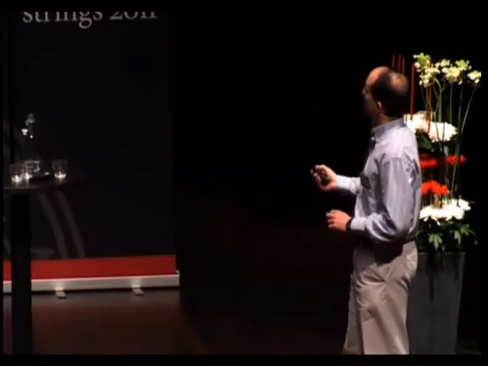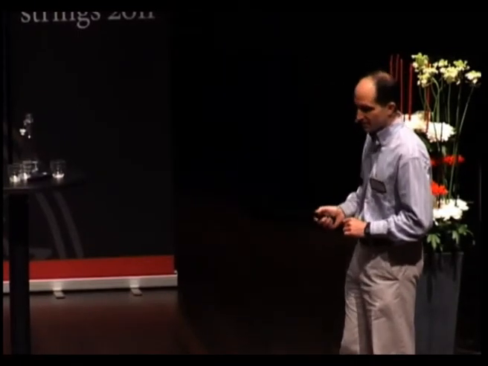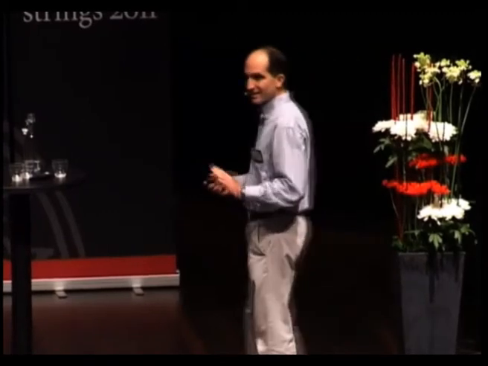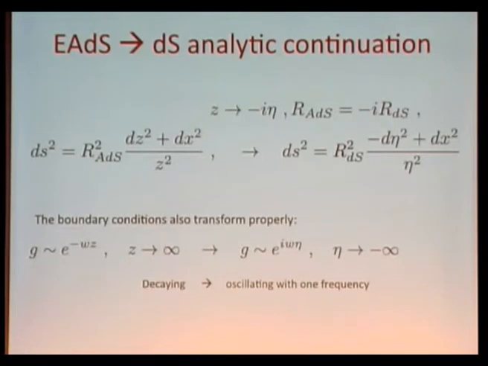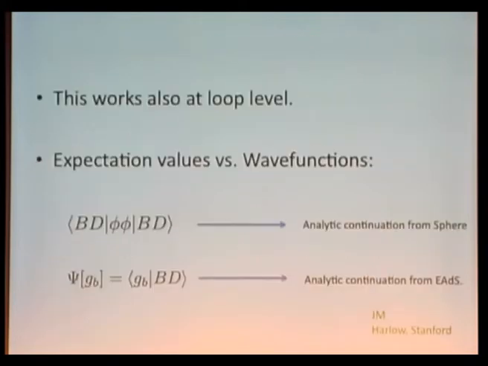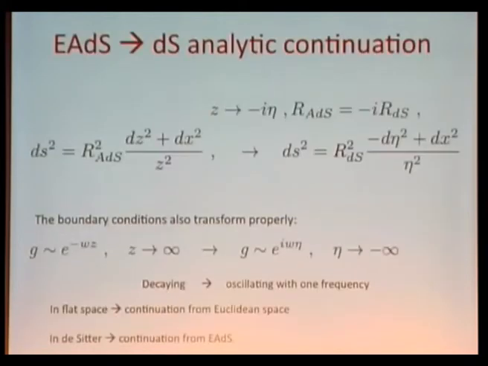Any calculation that you did for Euclidean anti-de Sitter can be immediately recycled into a calculation for de Sitter. All you need to do is change the radius to i times the radius. Okay, that's all that is needed. And this is so general that it's true in perturbation theory and so on.